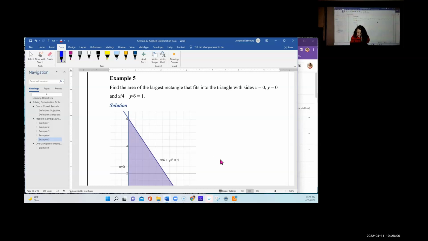So coming back to the beginning, it says find the area. So I'm looking for area of the largest rectangle.